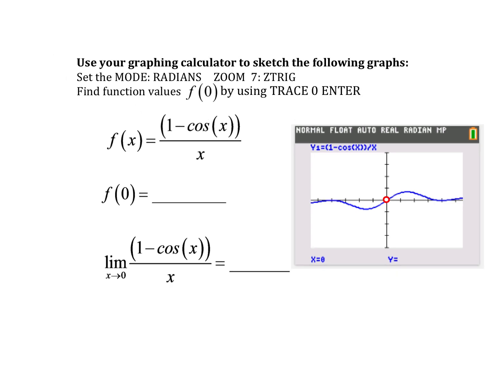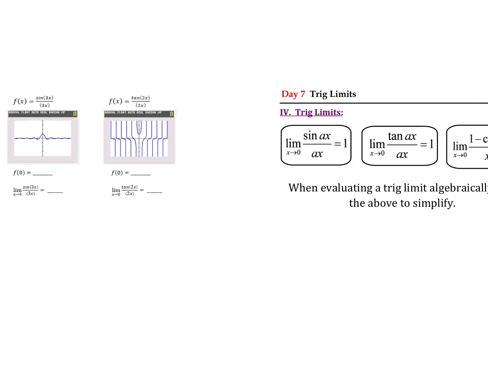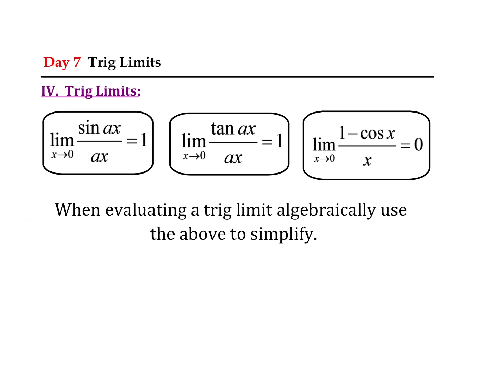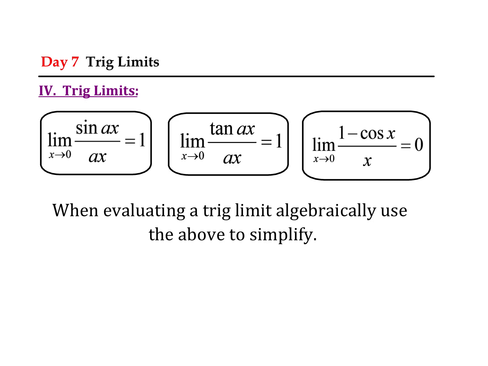So let's generalize these. We have the following trig limits. They're all limit as x approaches 0. The first two are essentially the same concept. One's got a sine, one's got a tan. A is just any generic coefficient. One thing to make note of is this ax is inside of the sine function, inside of the tangent function.